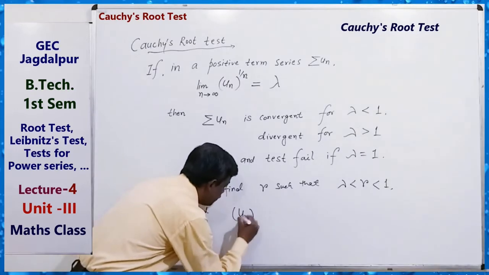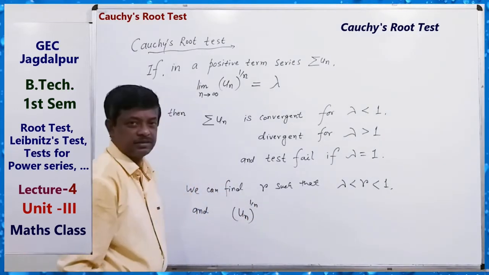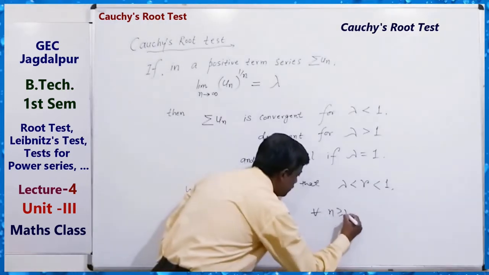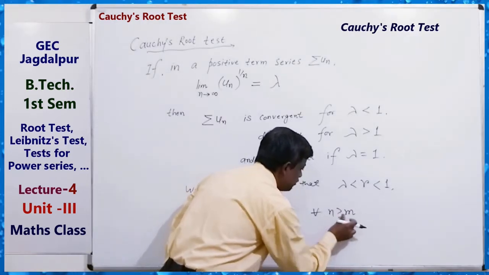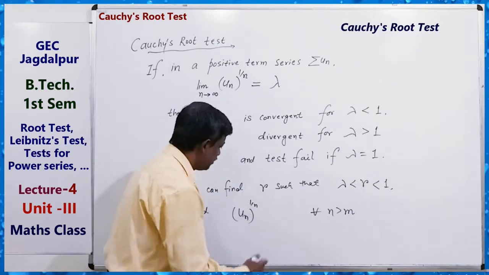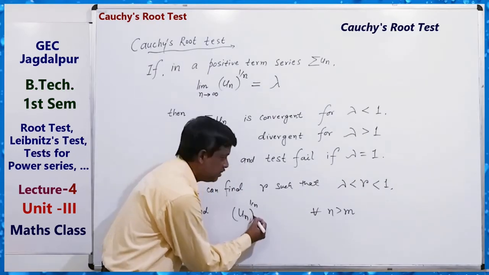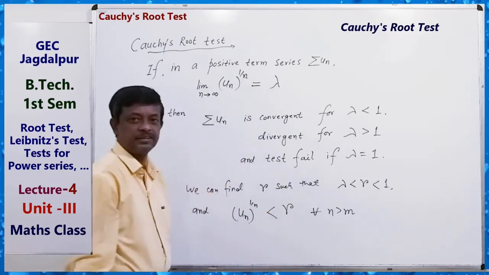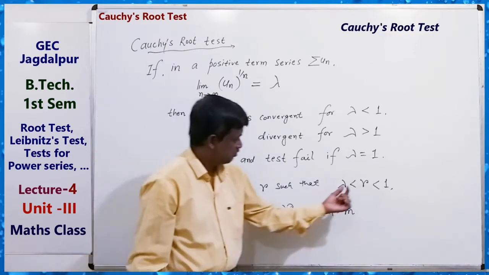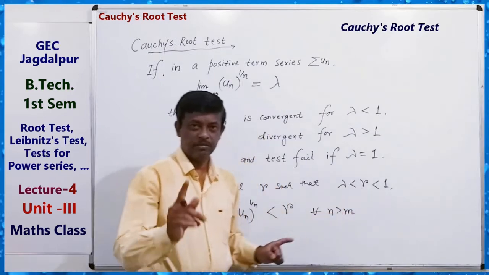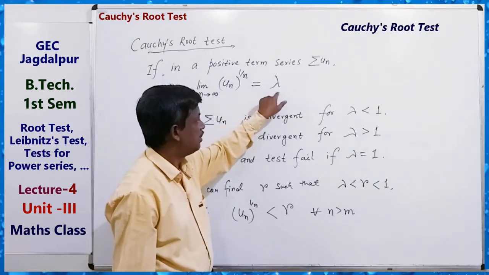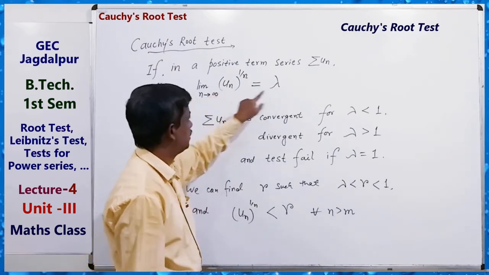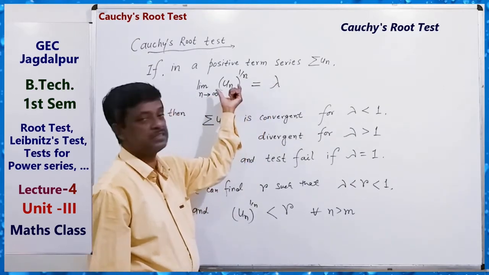Then by the definition of limit, un power 1 by n is less than R for all n greater than or equal to m. Here we can get a number, because if lambda is less than 1, then this limit value is less than 1.